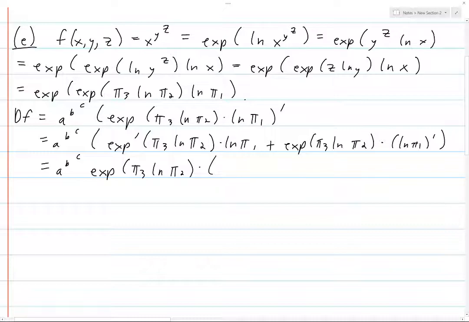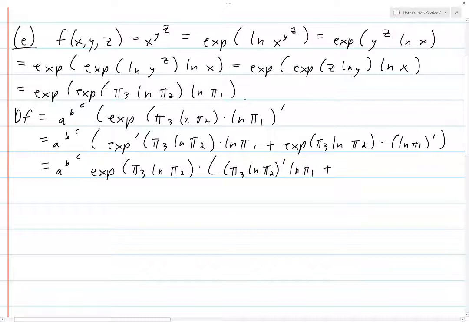What's going to be left on the inside? In the first term in the sum, the natural log of pi 1 is still there, and we also have to multiply by the derivative of what was on the inside of this exponential. So this is going to be pi 3 natural log of pi 2 prime times natural log of pi 1.